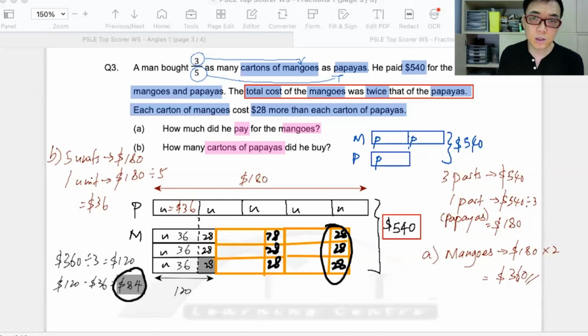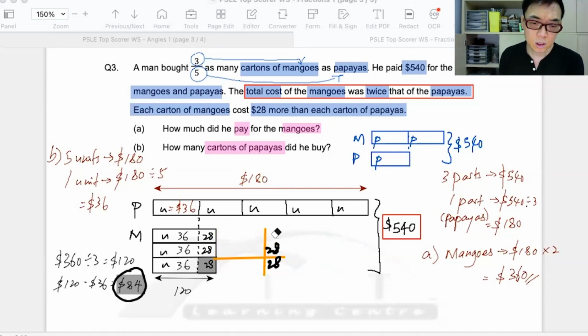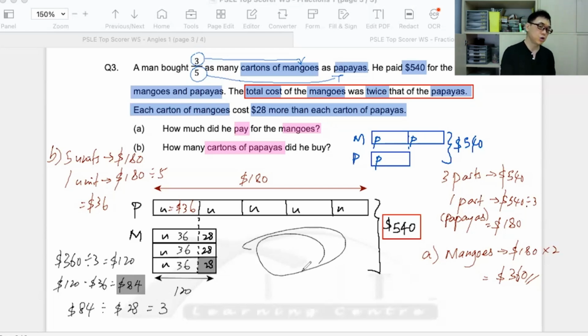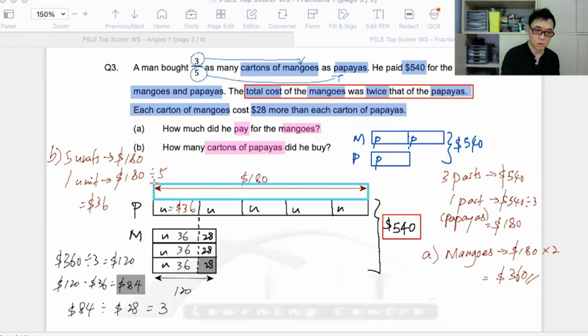So, but we don't want to draw that because it's going to end up confusing the question. So I'm going to take this away. Now, if I were to take 84 and I divide this by 28, I should get 3. Now, this means, just now you saw me drawing 3 more of them, right? It also means that this one by right, should also have additional model over here and another additional model over here. If I were to draw it this way, then each box here actually becomes a carton. They're no longer units, it's actual cartons already.